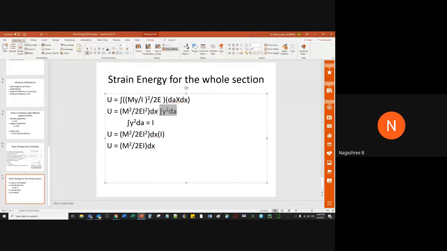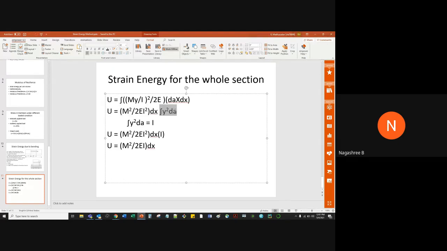Coming to the other part, the variation is dx, and for this part you are supposed to integrate within the limits 0 to L, because dx is the length of the elementary section, and you are interested in the strain energy for the overall length L. So you integrate between 0 to L for this value and 0 to A for the other.